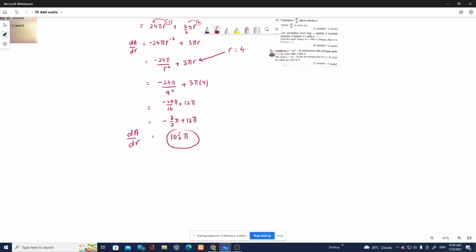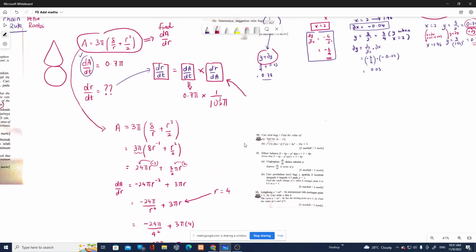So, bila kita dah terbalikkan dr over dA, then it is 1 over 10 1/2 pi. Understand? Baik. Faham. So, that's why we have 1 over 10 1/2 pi. Because it's dr over dA here.